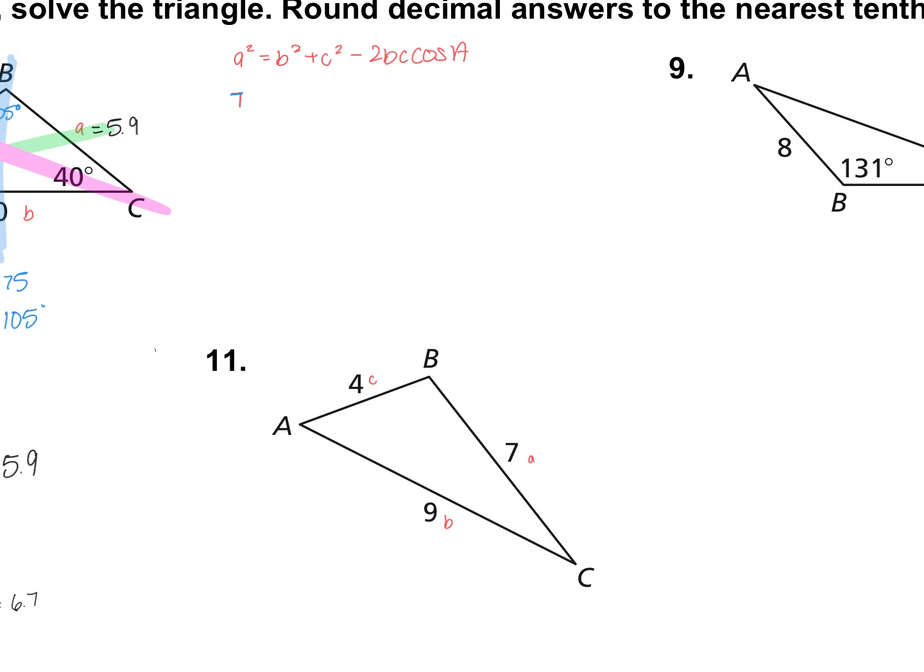I'm going to do it in blue. 7 squared equals 9 squared plus 4 squared minus 2 times 9 times 4 cosine A, and that's what I'm trying to solve for. I'm trying to solve for my angle.